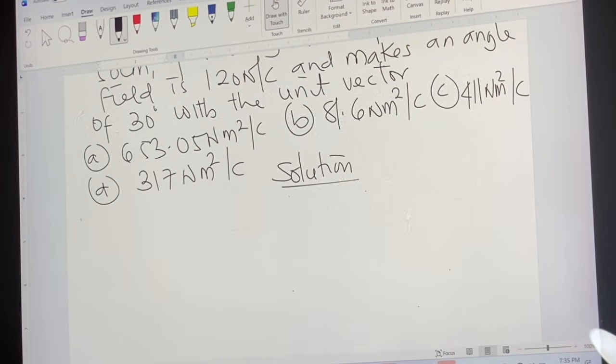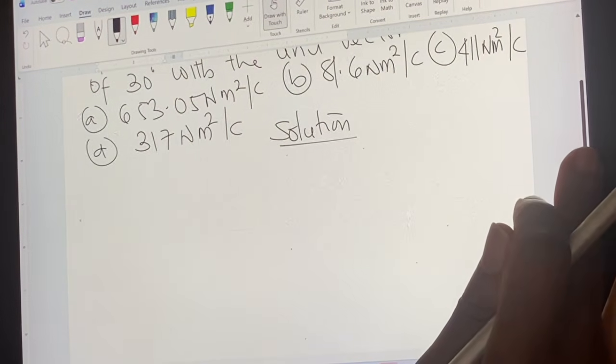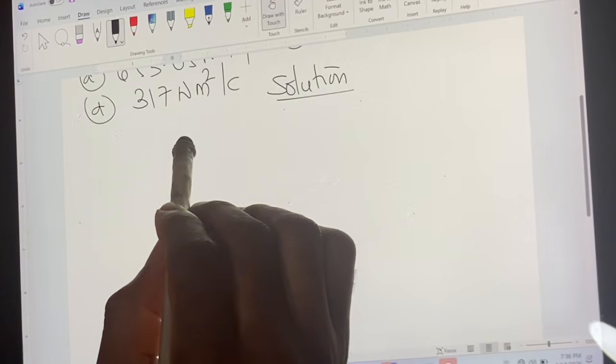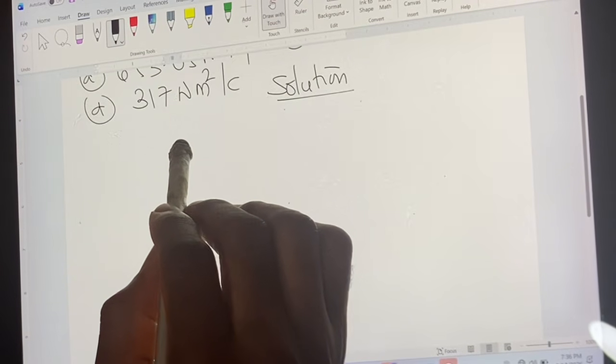And we have a lot of formulas for electric flux. The first one is related to charge, while the second one is related to electric field, while the third one is related to electric field with an inclined plane. So the first formula we have here related to flux is from Gauss law.